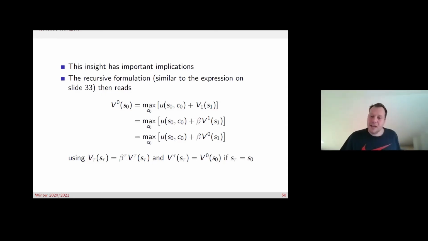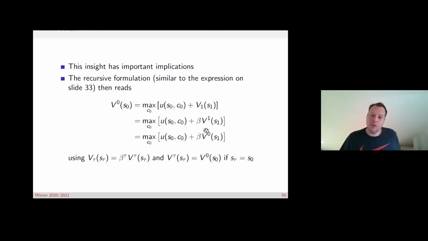Well, and the last step that you use is the claim that is proven in the textbook, the shifted problem. So if you shift the problem through time, this does not change the form of the value function, as long as the state that you are in is identical.